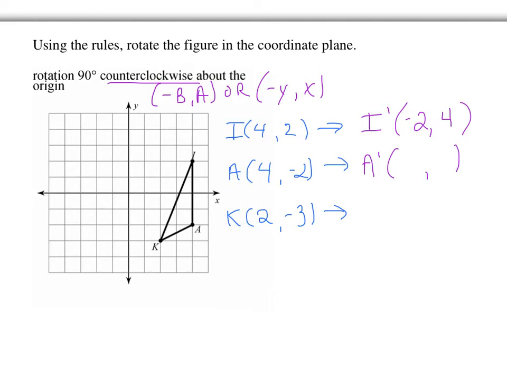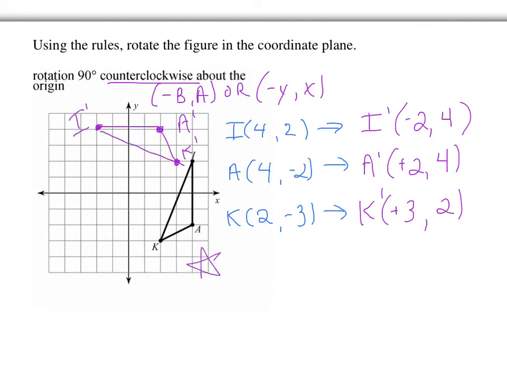So my y value is negative 2, but then I need to make it the opposite, so it'll be a positive 2. The x is now my y. For K prime, I am going to have a negative 3 for the y, or for the x from the y, but I need to make sure it is opposite, so it's negative y, and then my x is now my y. So when I graph these coordinates, this is what I get.